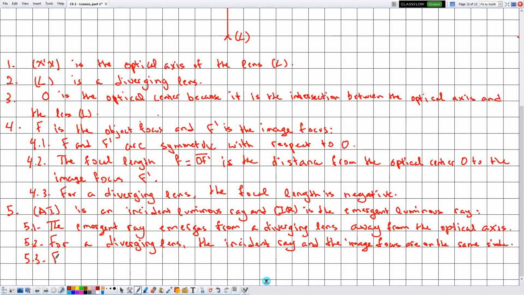5.3 for a diverging lens. The emergent ray and the object focus are on the same side.